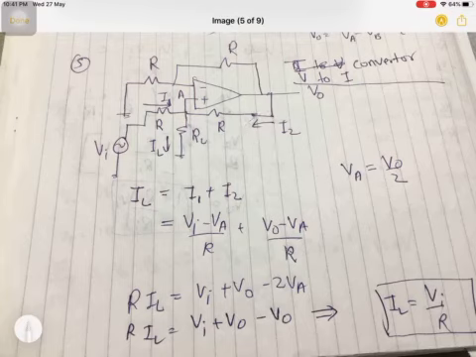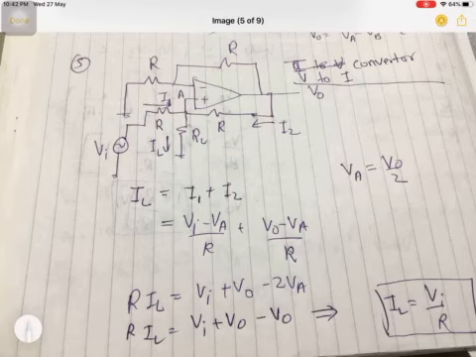Why should I not consider it? I am rejecting this current because the op-amp has infinite input impedance. Therefore, no current goes into or comes out of the terminal. So I am considering current only in these three directions: IL equals I1 plus I2.